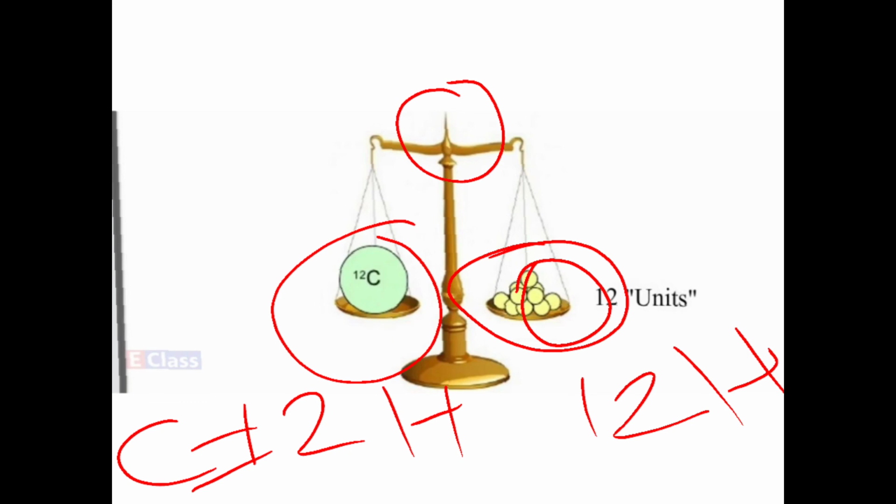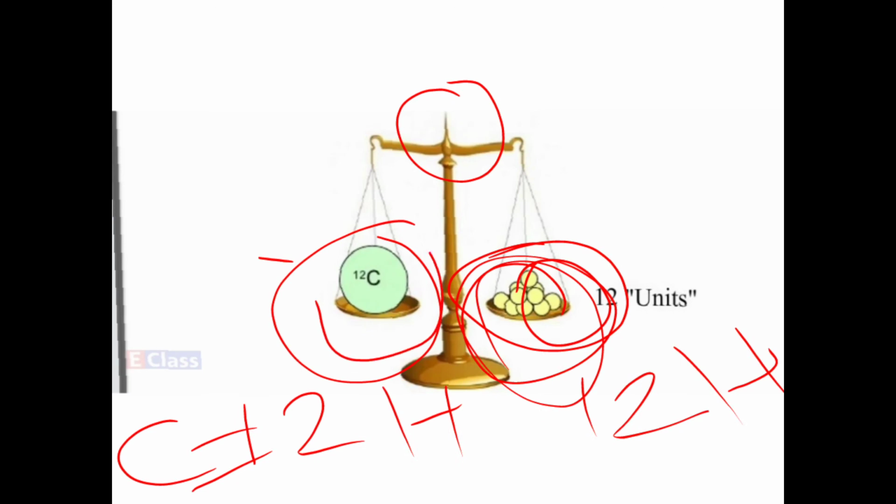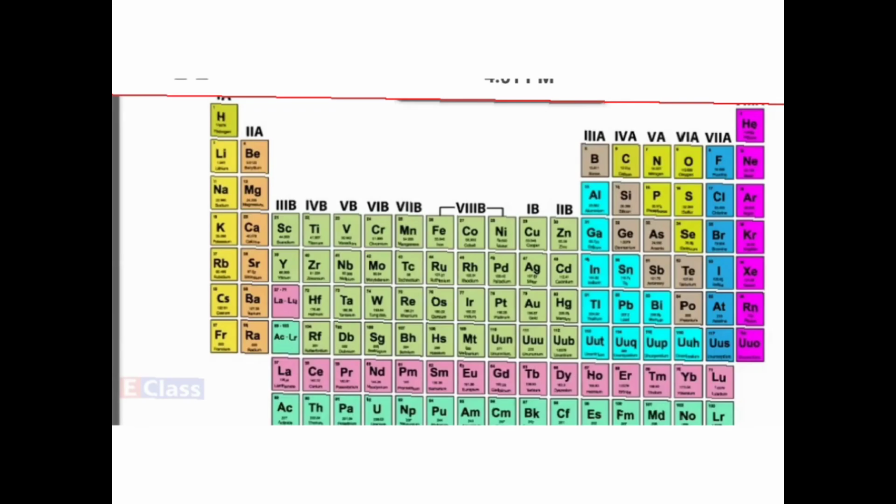Instead of keeping hydrogen here, we started keeping carbon here. You have kept the elements in the other pan, and on one pan you are going to just go on keeping the carbon. Carbon is taken as 12. So all the atomic masses are taken like this.